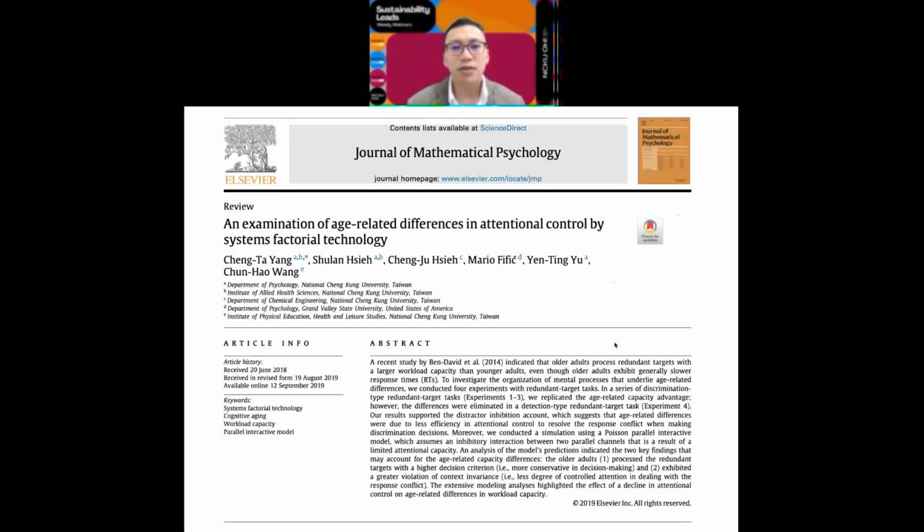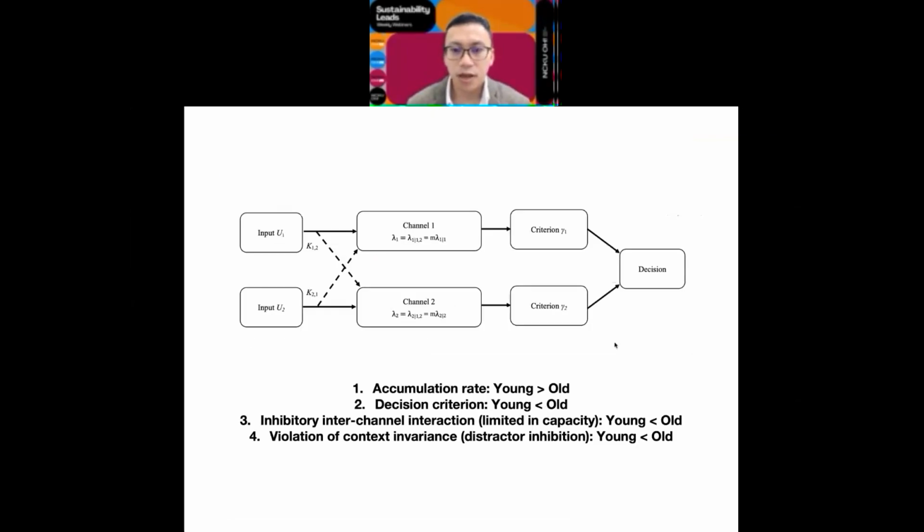And we can also apply SFT to study age differences and cognitive abilities. So we construct a model to simulate different parameters. For example, how people accumulate information, how people set up the decision criterion, and whether two channels have some inhibitory interactions, or they're unable to inhibit the distractor information.